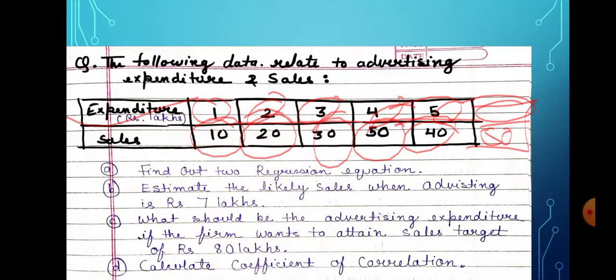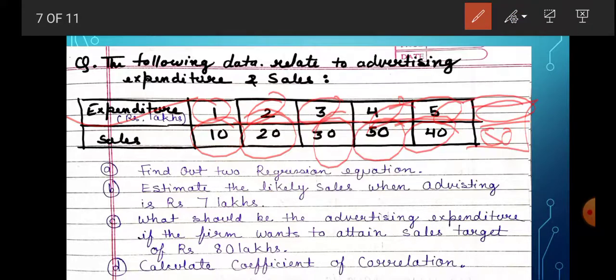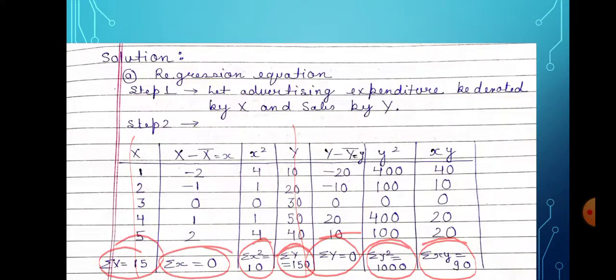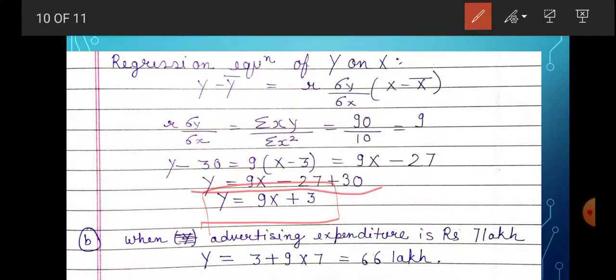Now see what is given in the question. We have already found the regression equations. We have to estimate the likely sale, which means we have to find y when x is given as 7. So which regression equation do we use? We have got y is equal to 9x plus 3, and here x is given as 7.